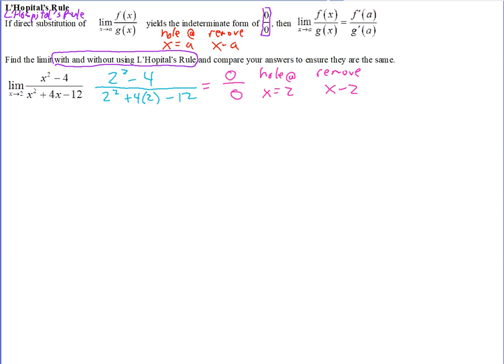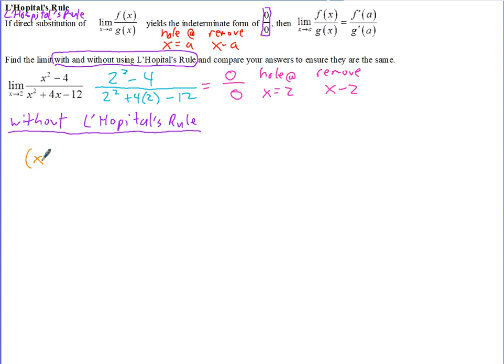So let's try it without L'Hopital's rule. A review of the way we did this before. So without L'Hopital's rule, then we can use factoring here. The numerator, you can see, factors into difference of perfect squares.